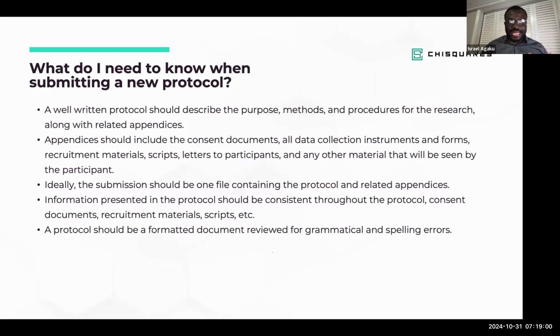So that will include any letter or email you're sending to them. That will include the consent itself. It will include the questionnaire and every other thing, the recruitment material. If you're going to put a flyer on WhatsApp, if you're going to put a flyer on Facebook, they have to see it, right? That is the minimum requirement for submitting a protocol for review to an ethical review committee.